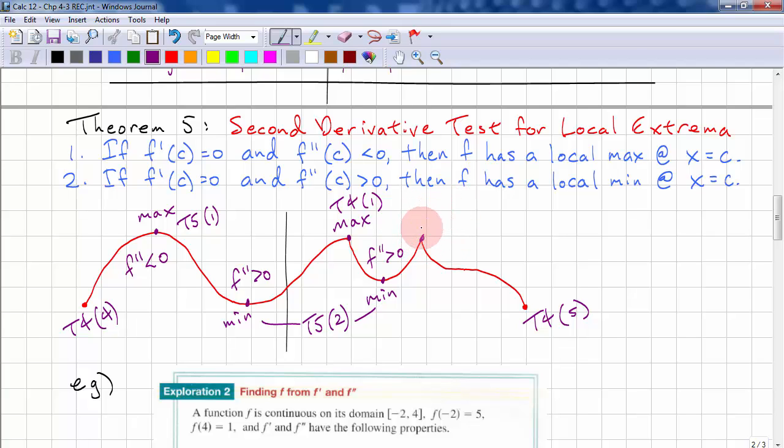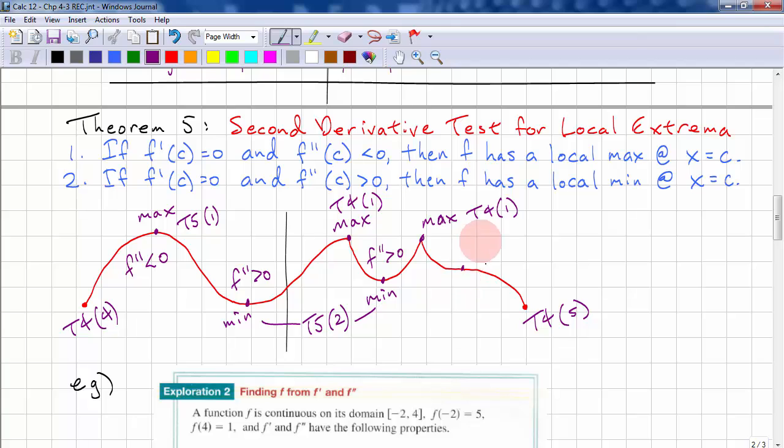This is a max. And we're using theorem 4, part 1. Okay, the derivative does not exist. The first derivative is positive on the left. It's negative on the right.